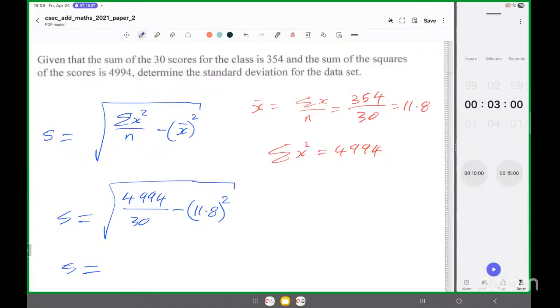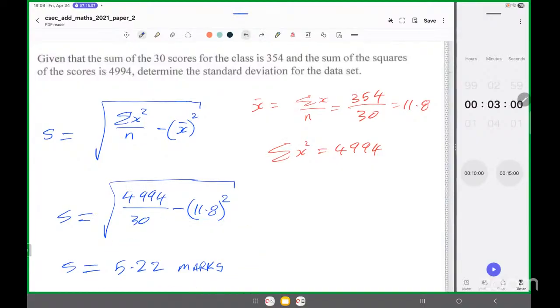5.217. To three significant figures, that will be 5.22 marks. So it means that the marks spread from the mean by about 5.22 marks.